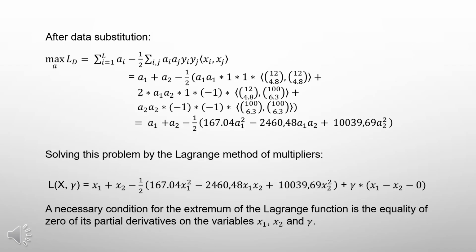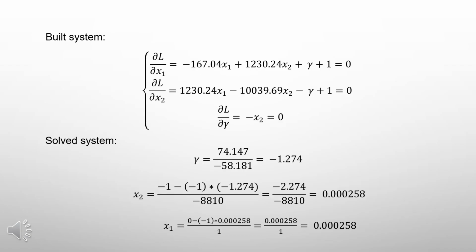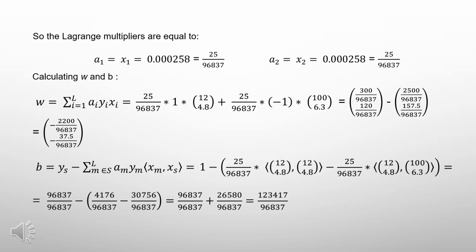After data substitution, solving this problem by the Lagrange method of multipliers, a necessary condition for the extrema of the Lagrange function is the equality of its partial derivatives with respect to the variables x1, x2, and y to zero. Build the system, solve the system. So the Lagrange multipliers are equal to these values. Calculating the normal vector and the bias value.